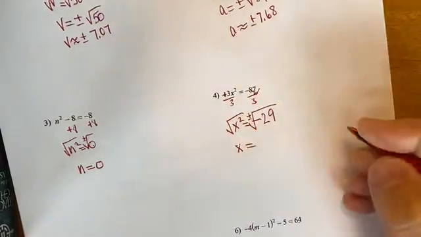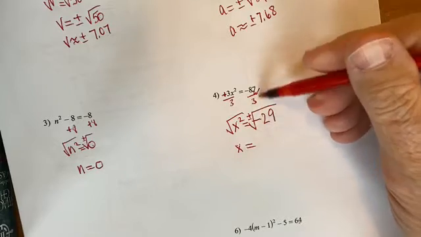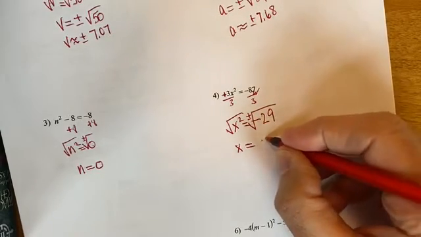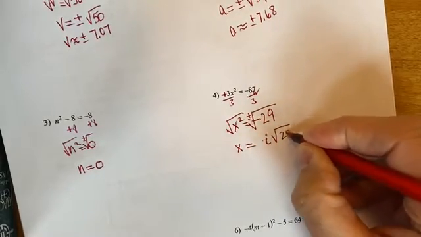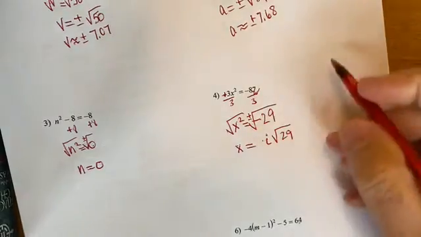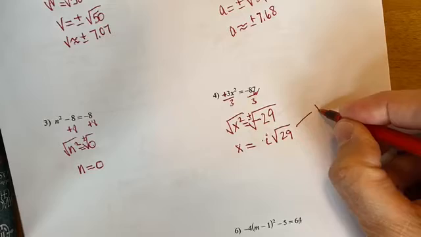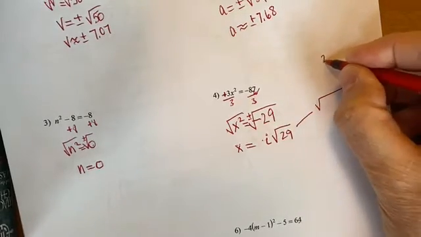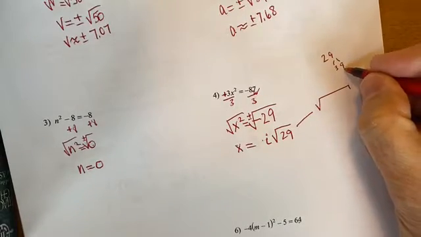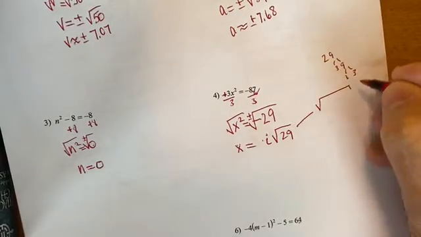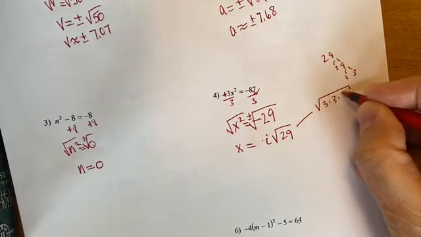X equals, now see that minus? When you're taking the square root of a negative, that means you need to take an i on the outside. The square root of 29. 29 isn't a perfect square. You could simplify it. Now, you're not required to do this, but remember, the square root of 27, since 27 is 3 times 9, and 9 is 3 times 3, the square root of 27 is the square root of 3 times 3 times 3.